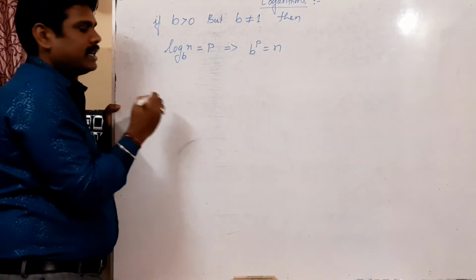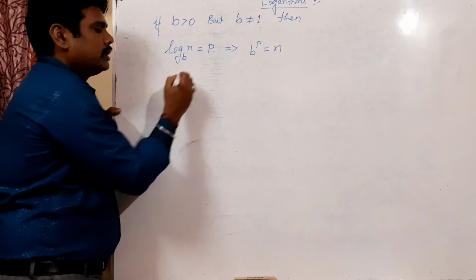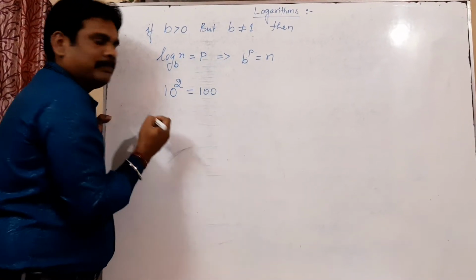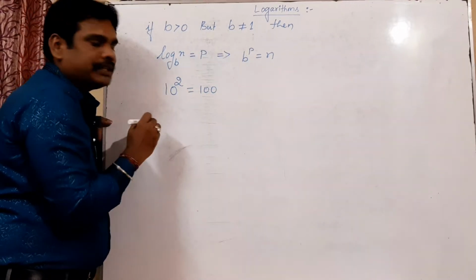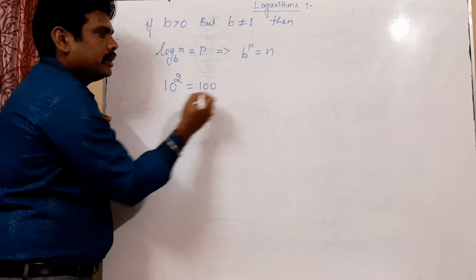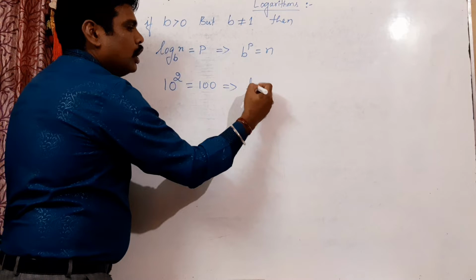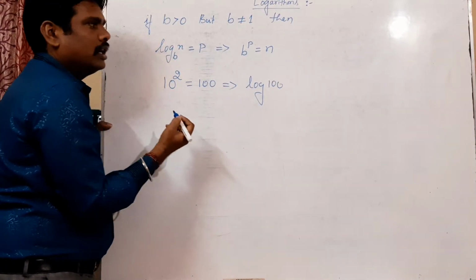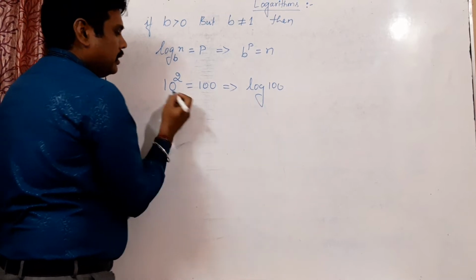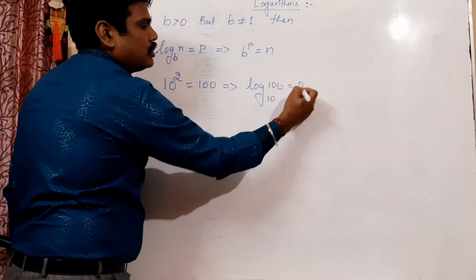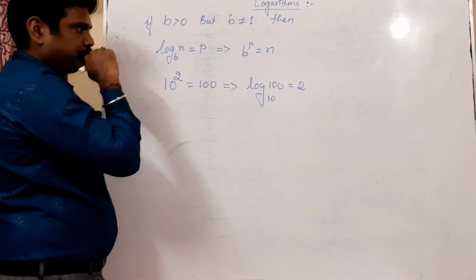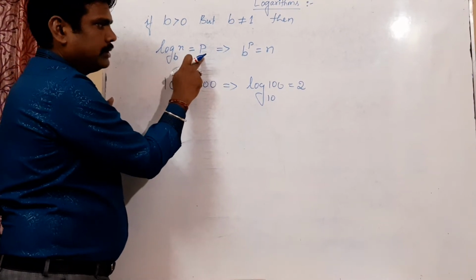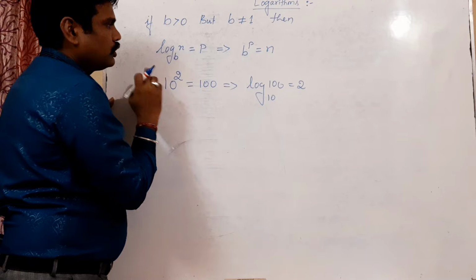For example, if I consider the value of 10 square, what is the value of 10 square? It is 100. In logarithmic language, 10 square is equal to 100 can be written as log 100 to the base 10 is equal to 2.